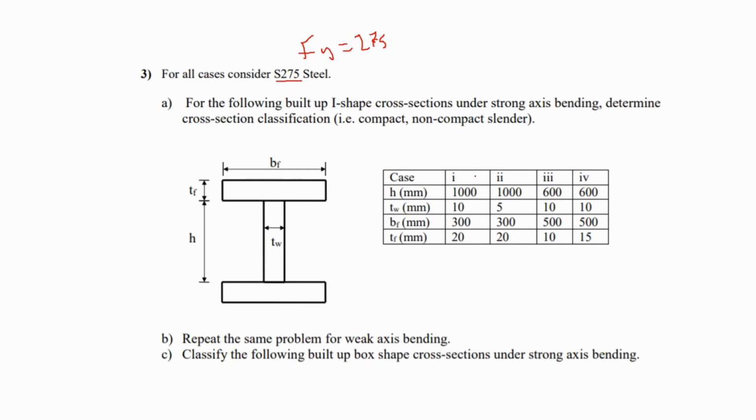So we have cases 1, 2, 3, 4, 5 with different dimensions. We have part A, part B, and part C. Let's begin with part A, and I will consider case number 1 with these dimensions.